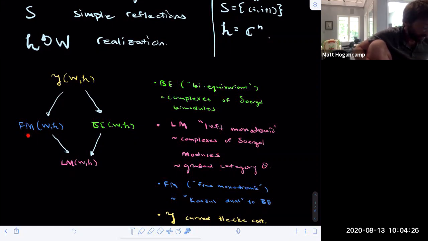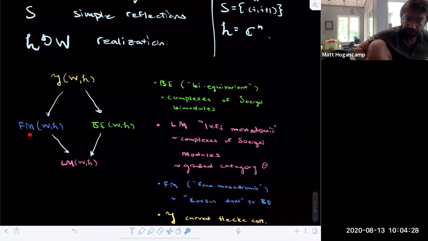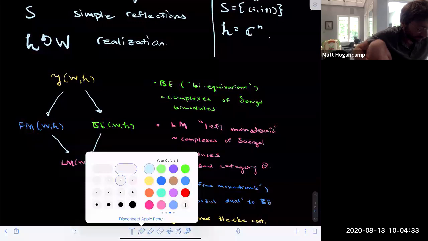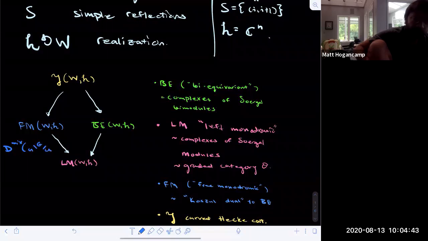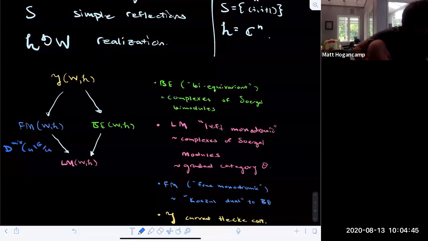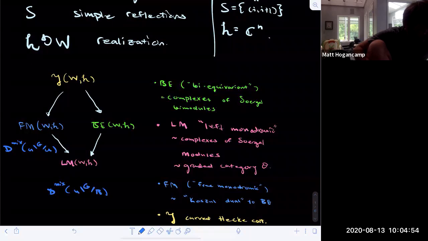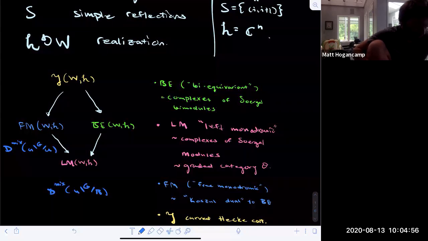This is the one that Maki talked about in his talk. So in that talk, it would have been denoted D mix of, let's see if I can get it right, G mod U mod U, and down here would be D mix of G, U mod U mod B. So that's this notation.